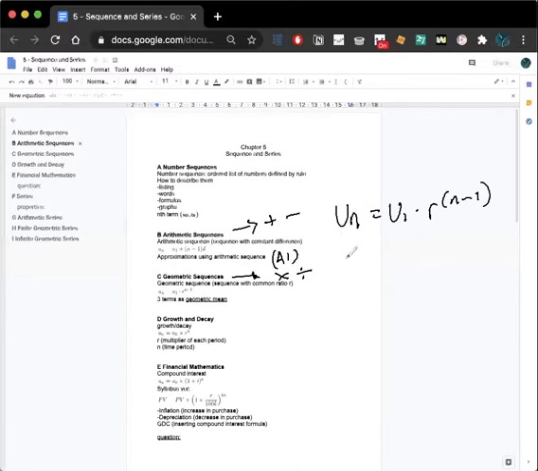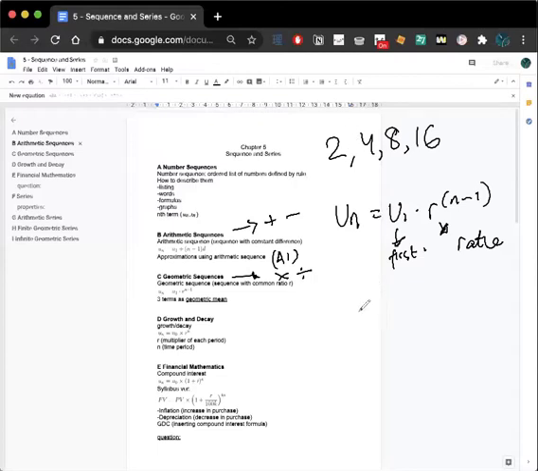An example of this would be something like 2, 4, 8, 16. So if you have this kind of sequence, and then you want to look for the, this is called the ratio, by the way. And this is the first term.